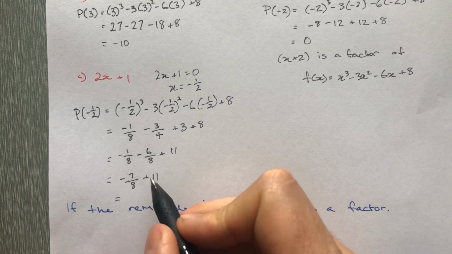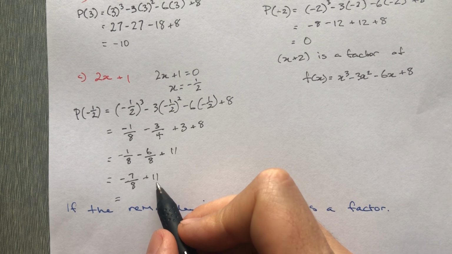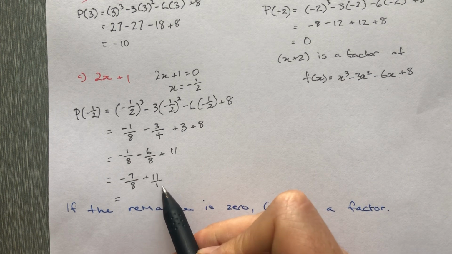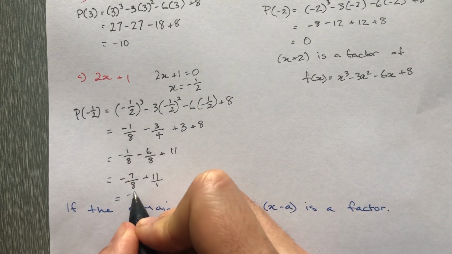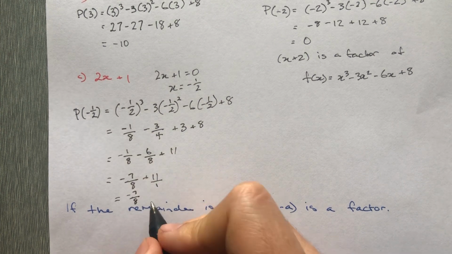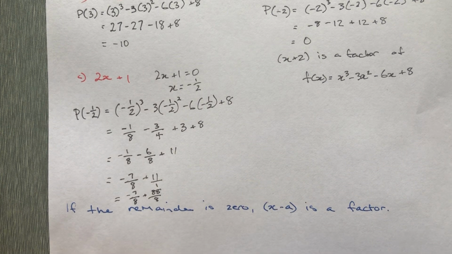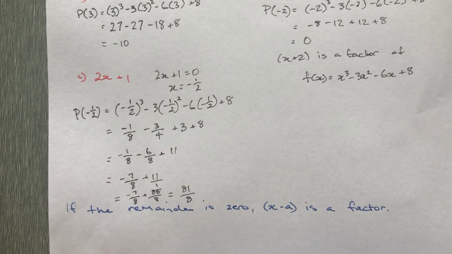So I might just work with 11 first. So if we want to have 8 as a denominator, remember this is just 11 on 1. So we need to times that by 8, which means we have to times that by 8 as well. So we're going to have 107 on 8 plus 88 on 8. So that'll end up giving us 81 on 8. And that's our remainder.